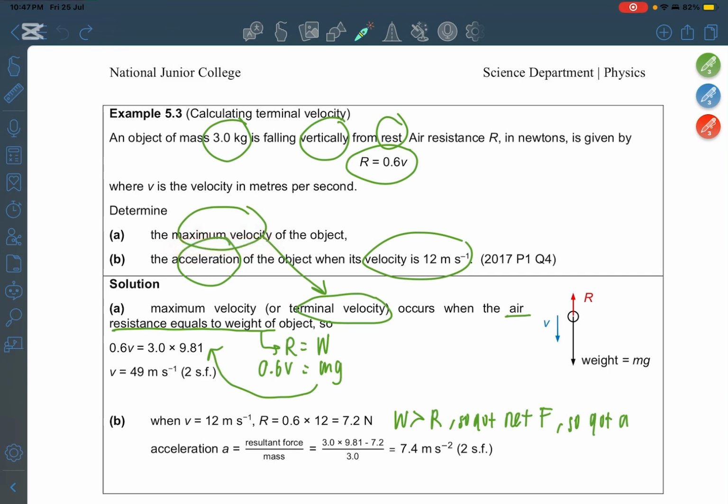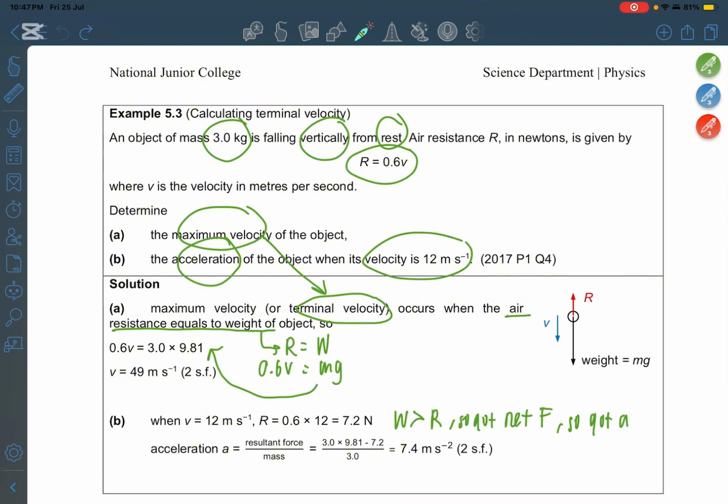The maximum velocity is going to be the terminal velocity, when the air resistance is equal to the weight of the object, or drag force equals weight. So R equals weight, and you plug that in, and plug in the fact that W equals mg. Then you plug in the values given by the question and the known values, and you get v equals this. This is the maximum velocity of the object.